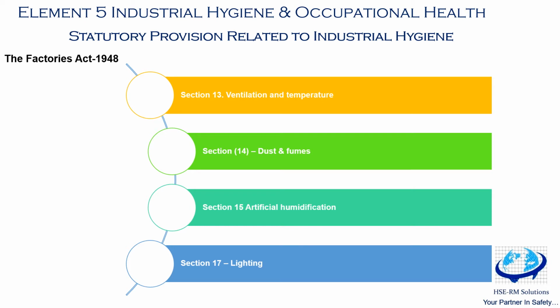Effective and suitable provision shall be made in every factory for securing and maintaining in every workroom (a) adequate ventilation by circulation of fresh air, and (b) such a temperature as will secure to workers therein reasonable conditions for comfort and prevent injury to health.